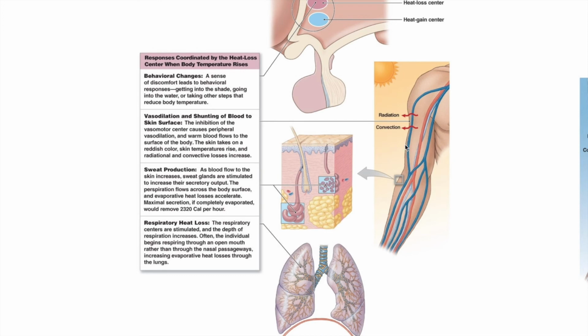This makes your skin appear reddish. It also increases heat loss by radiation and convection. We will also stimulate our sweat glands to sweat more. That's going to increase heat loss by evaporation. We also breathe deeper. This causes more heat loss through the lungs.